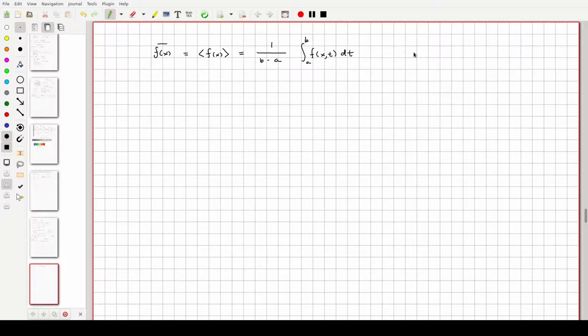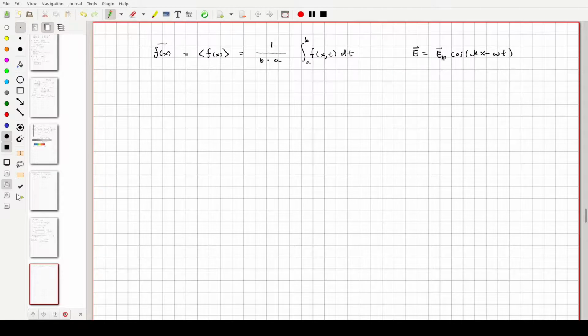So the electric field E itself, like I said, has a constant part, E naught, and then you have this wave part, which is going to be k times x minus omega times t.